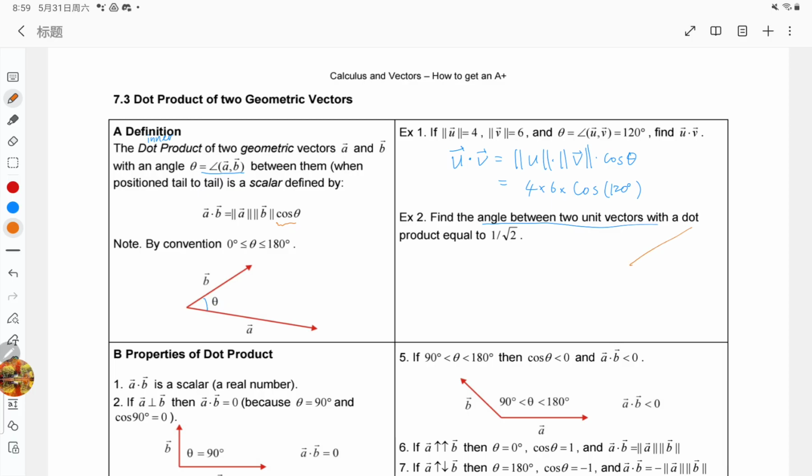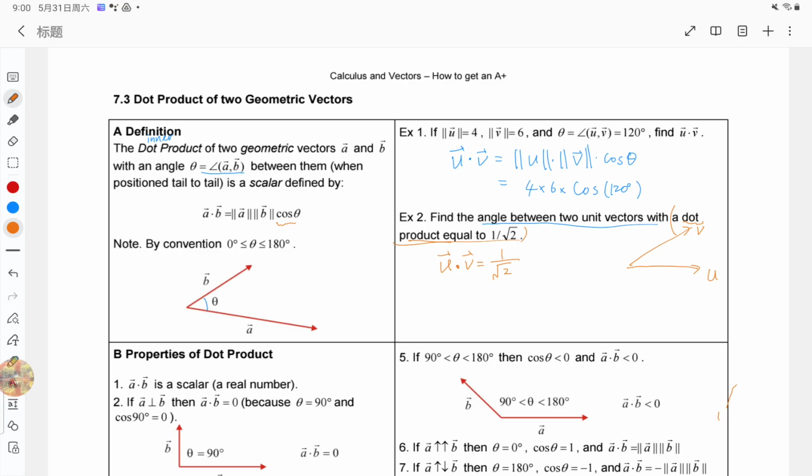So the angle between two unit vectors with a dot product equal to this, right? First things first, if you know the dot product result is this, if you know u inner product v is 1 over square root 2, okay?